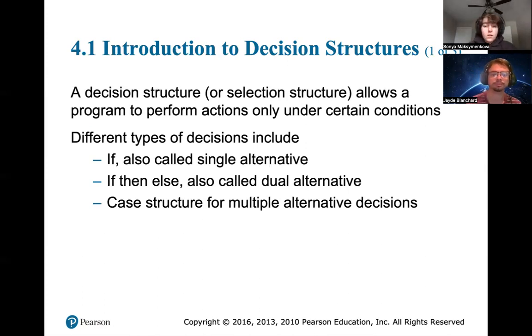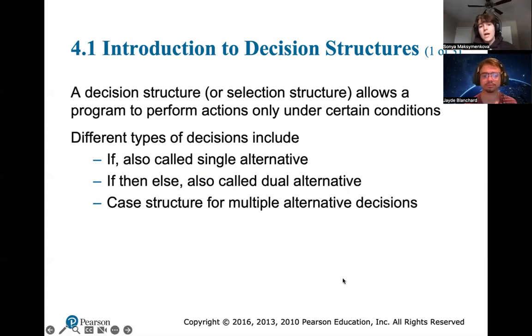Now, what are they? So basically, you have a couple of different types of them, but the general idea is if some condition is met, you're going to perform some actions. Usually, there's also another part to the decision structure, which says if the condition is not met, perform something else. So a couple of alternative ways for your program to run.